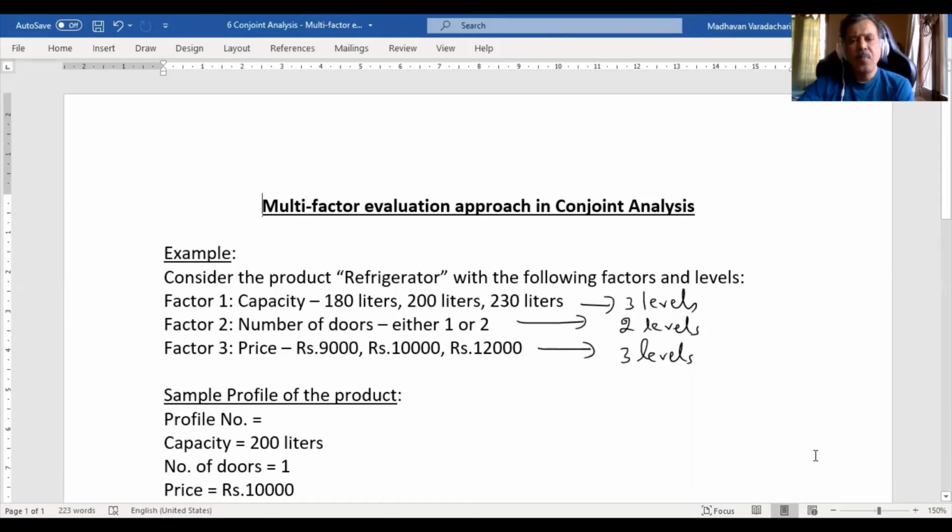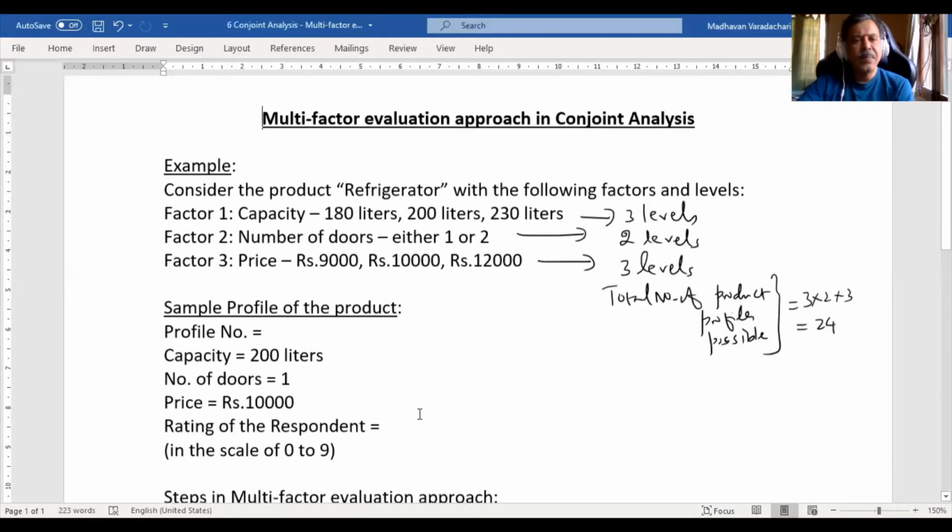The total number of product profiles possible will be 3 into 2 into 3, which means 24 profiles are possible.